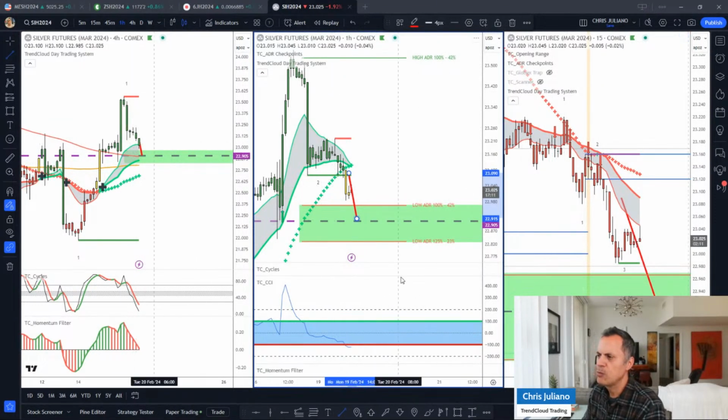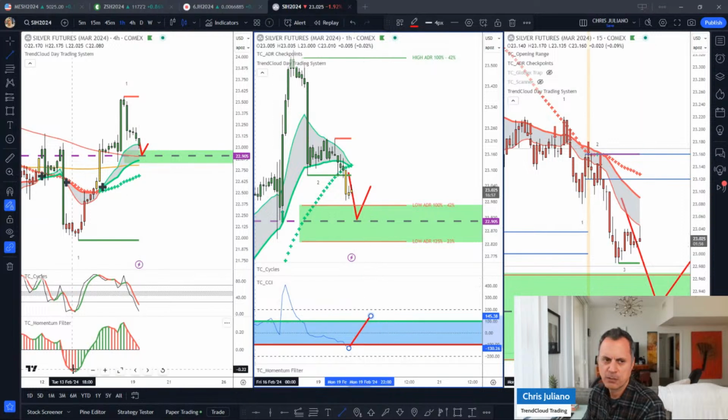What do we want to see? We want to see some sort of move out. And on this move out, we want to see that CCI indicator break above positive 100. That's it. That's what we need to see to start to rejoin the trend to the upside.